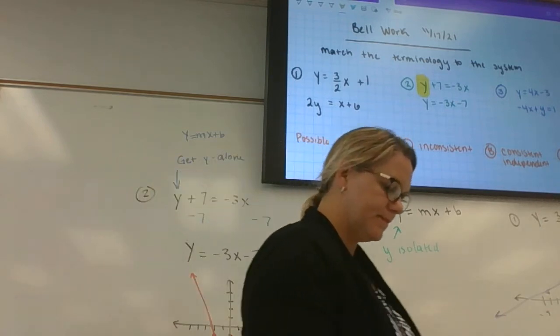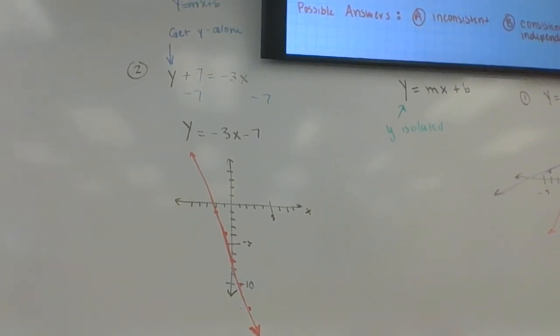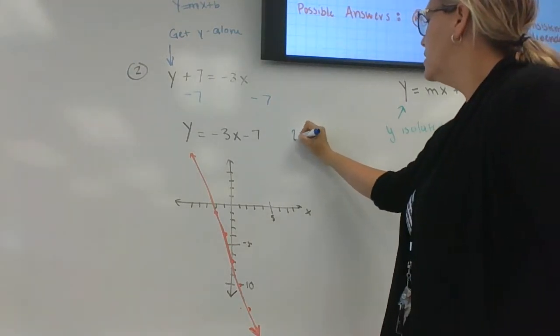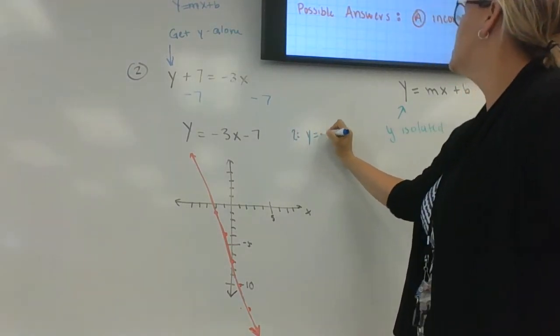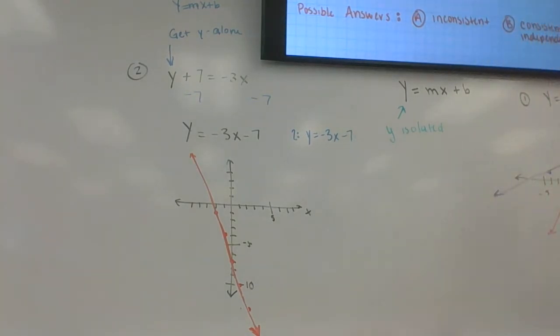Okay, and then I will graph the second equation. And the second equation is -3x minus 7. And now I see that actually both lines are exactly the same.